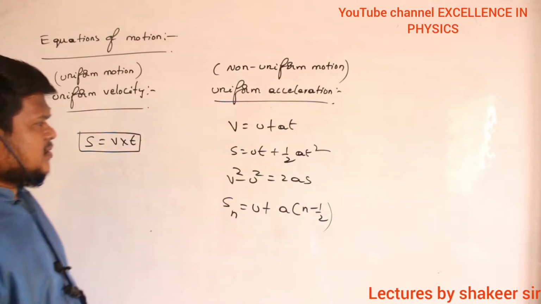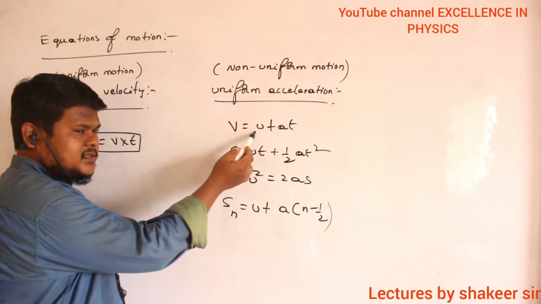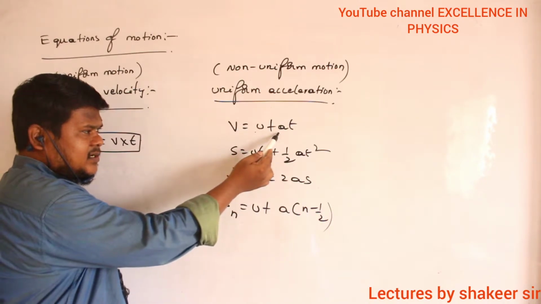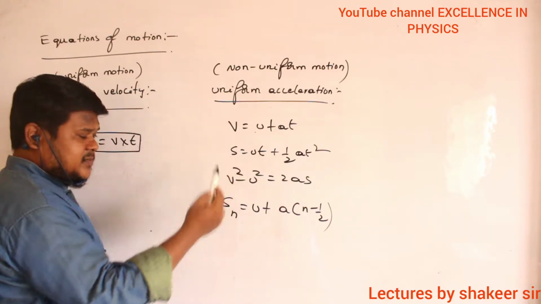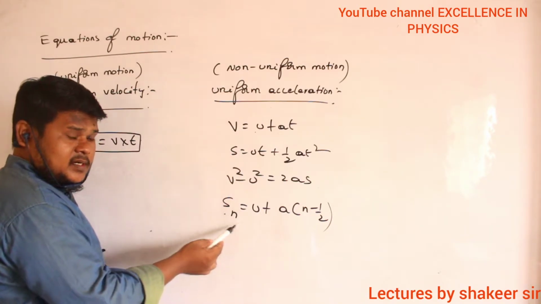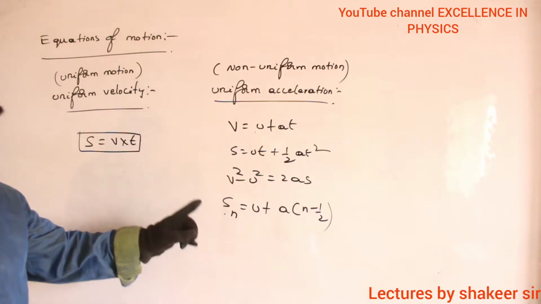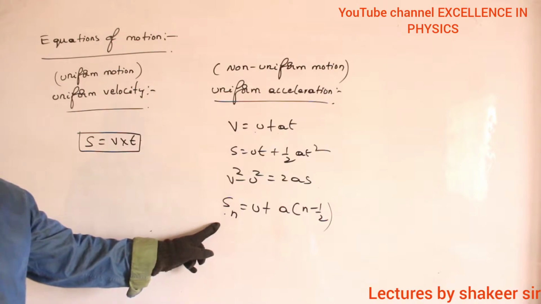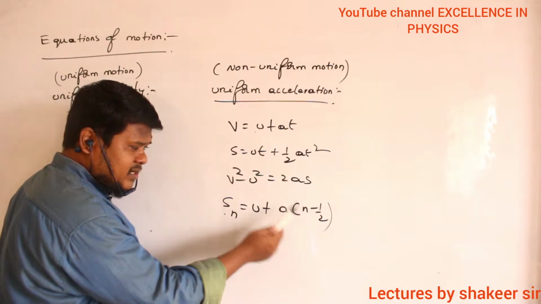Understood? So what is meant by V here? Final velocity. U means initial velocity, A acceleration, T time, S displacement, Sn displacement in a particular second. Sn is called what? Displacement of the particle in one particular second. And what is that second? That second is called n here.